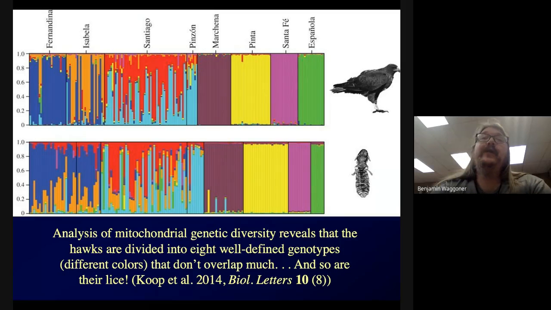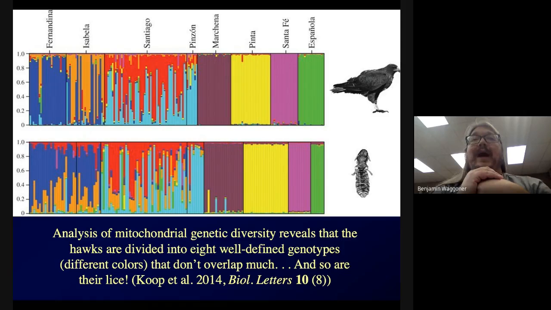What's been done is they took blood samples from a whole bunch of hawks, analyzed their mitochondrial genetic diversity, and were able to sort out unique alleles. What you're looking at here is basically a very tightly packed bar graph where each one of these bars represents the fraction of the mitochondrial genome of such and such a bird that consists of alleles that are unique to that particular population.